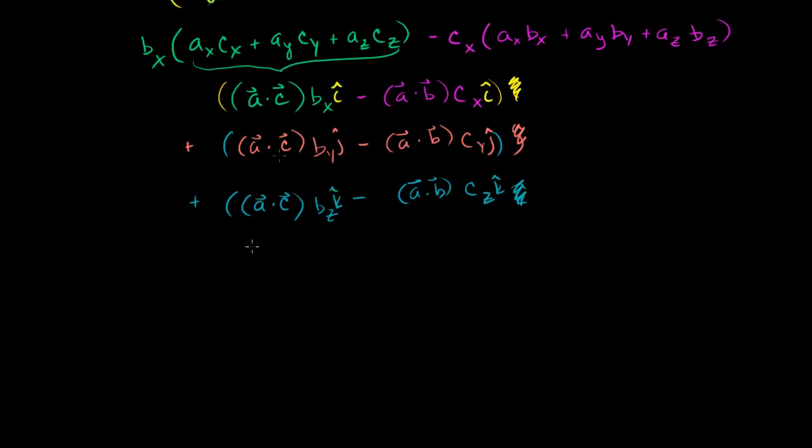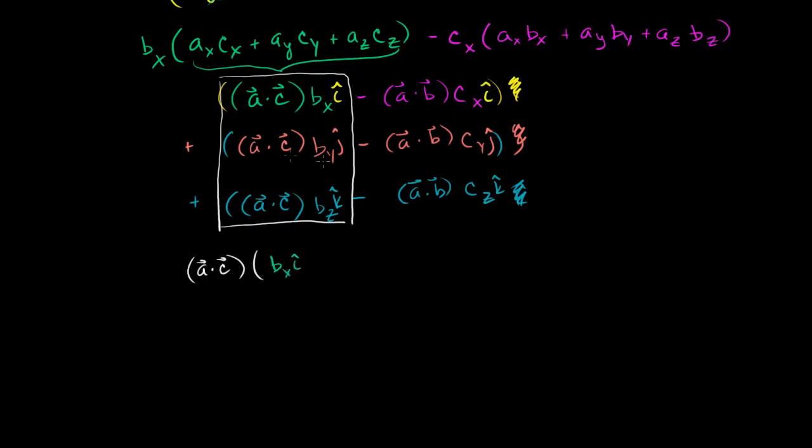And now what are these? Well, this part right over here is exactly the same thing as a dot c times, and I'll write it out here, b sub x times i plus b sub y times j plus b sub z times k.